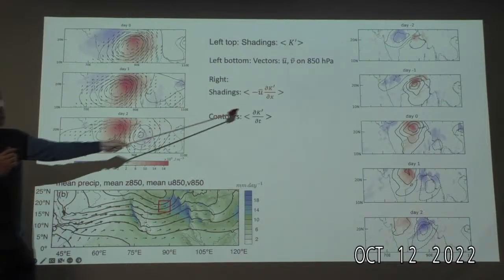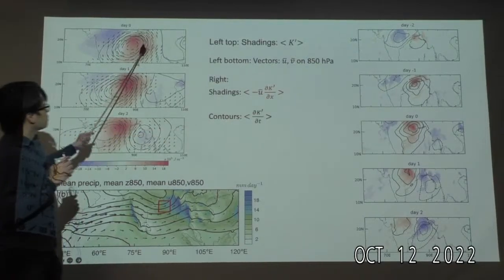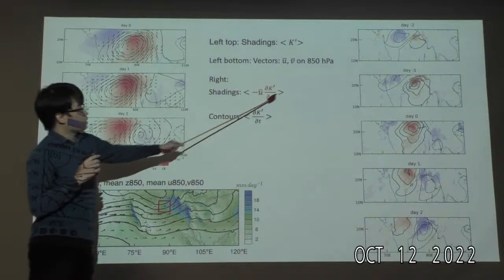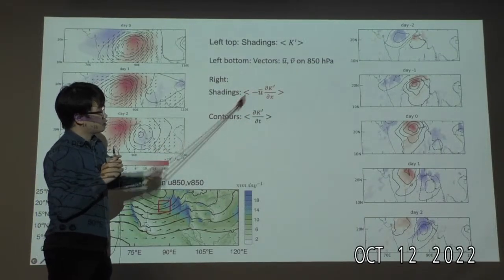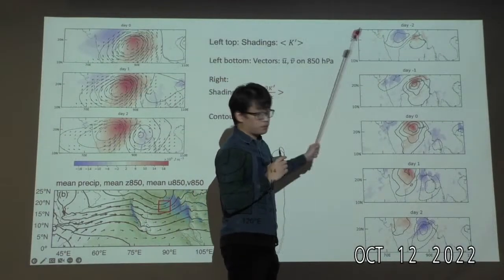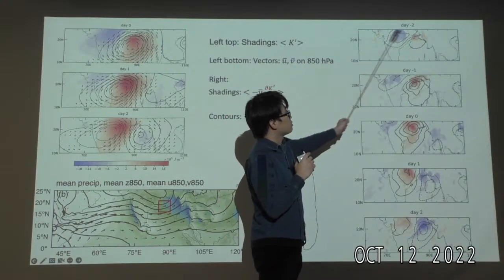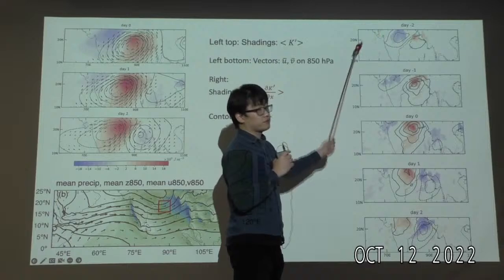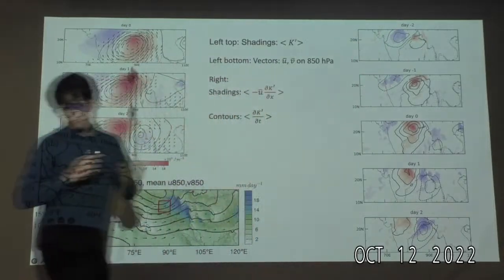So if we multiply them together and add a minus sign, you will see that this panel should be flipped, which means the yellowish and the purplish should be flipped. Like this should be yellow and this one should be purple.